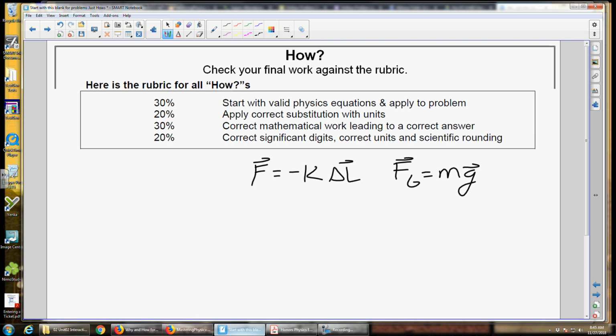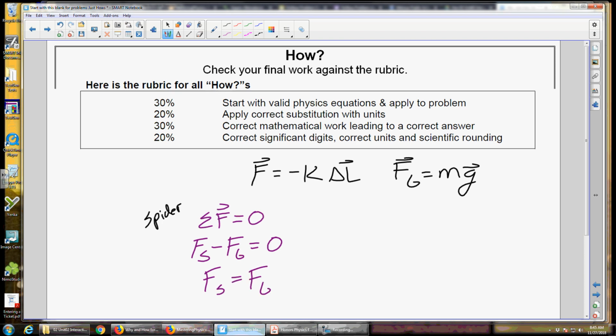We know for the spider that the sum of the forces equals 0. So the force of the spring minus the weight of the spider is 0. So the force of the spring equals the weight of the spider. Right?